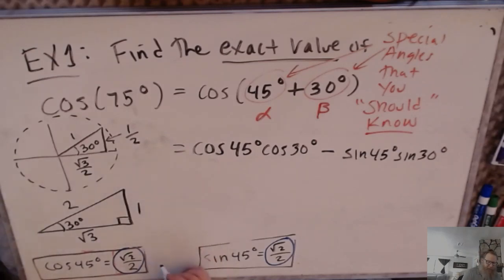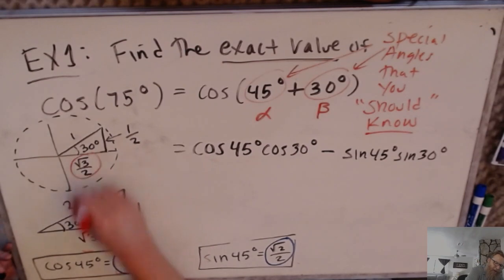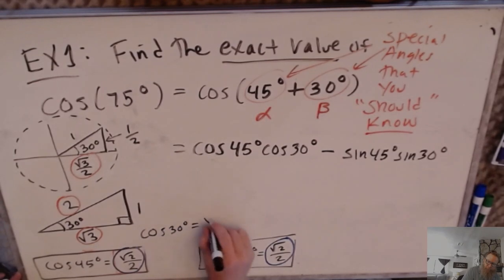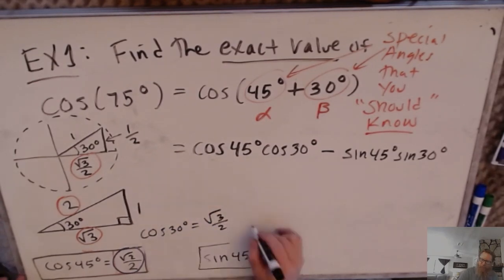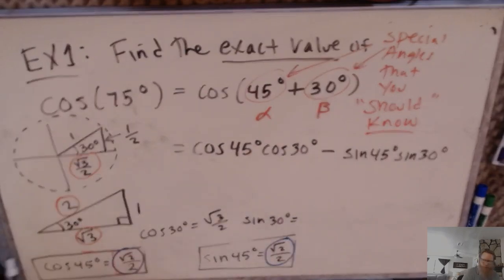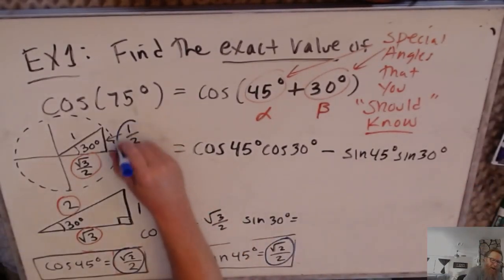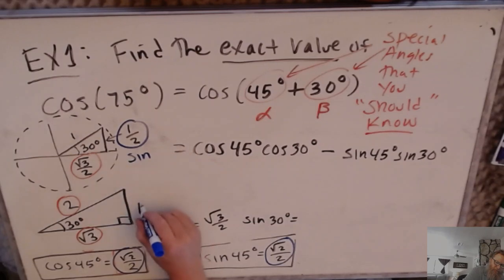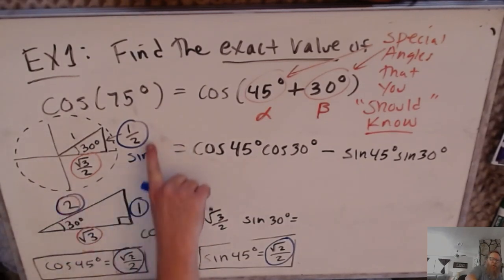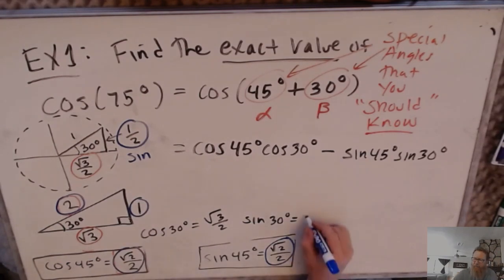So either way, you're going to get cosine is radical 3 over 2. That would be the cosine. And the sine is 1/2. Yeah, 1 divided by 2, or you could just think of it as 1/2.